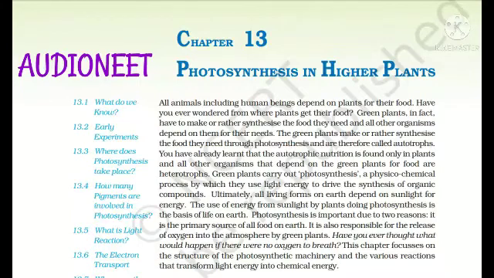13.6.3 Chemiosmotic hypothesis. Let us now try to understand how actually ATP is synthesized in the chloroplast. The chemiosmotic hypothesis has been put forward to explain the mechanism in respiration and in photosynthesis too. ATP is synthesized and linked to development of a proton gradient across a membrane.